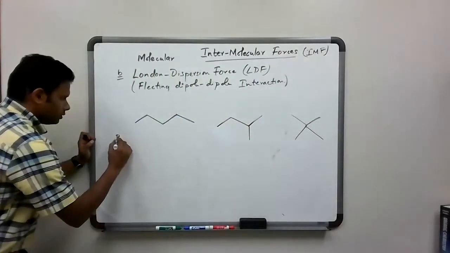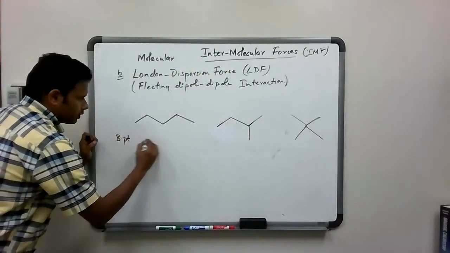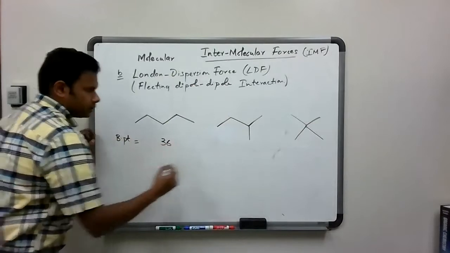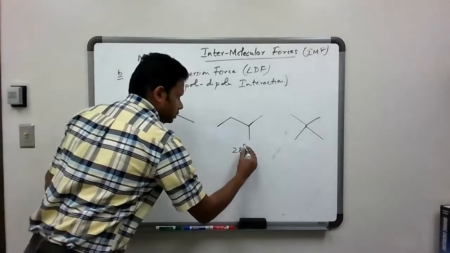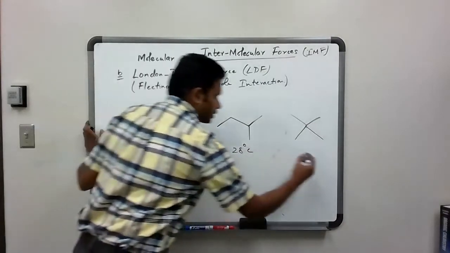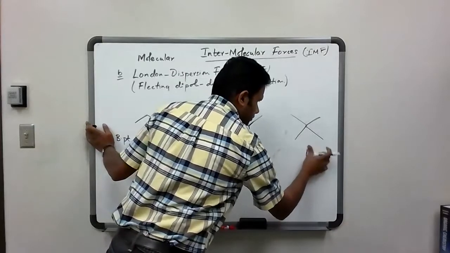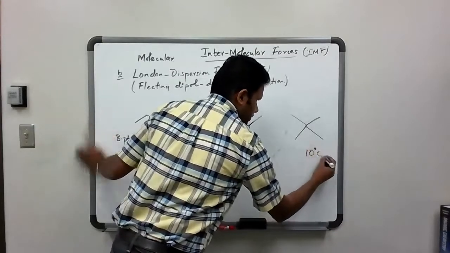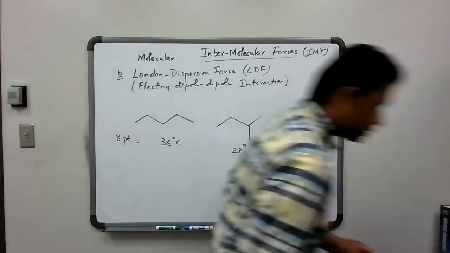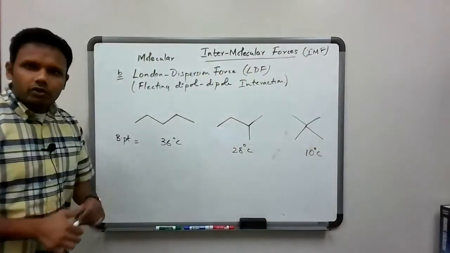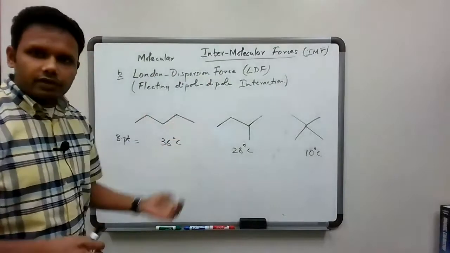The boiling points are 36, 28, and 10 degrees Celsius. Again, I'm not writing down the names, but you can find those in the textbook.